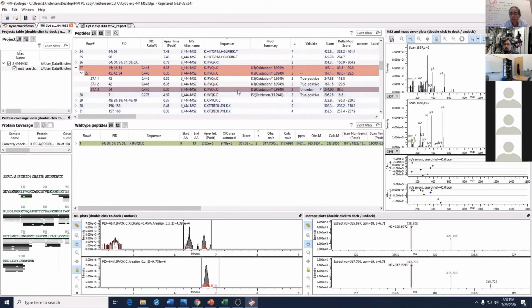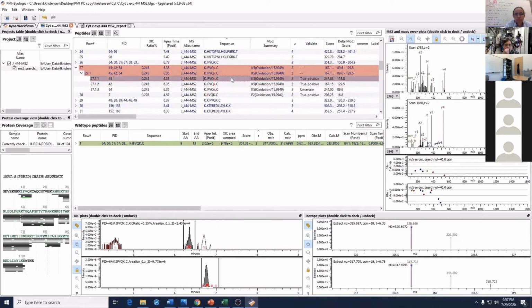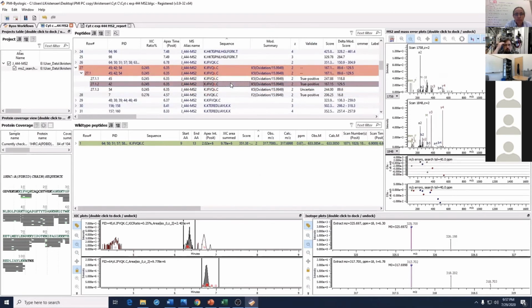Since we have this third peptide labeled as uncertain, we're also going to go ahead and adjust the XIC area so that we end up with a more appropriate XIC area for the 2 remaining peptides with the lysine modification that we have labeled as true positive.